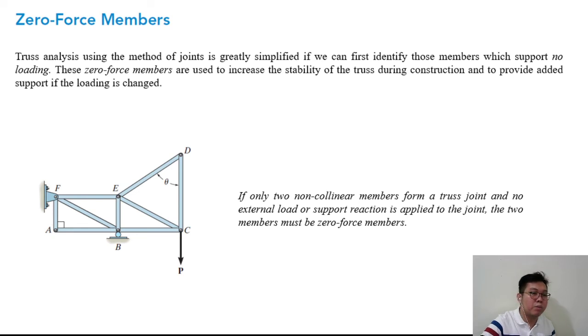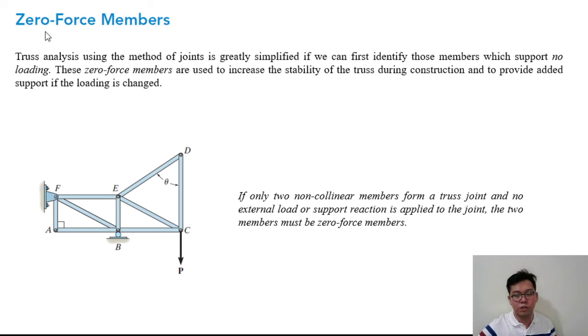Pag zero force member kasi, since zero, walang silbi yan. I mean, hindi naman walang silbi, siguro nandyan yan for stability. And then zero yan, so ibig sabihin, pag nag-consider ka for every joint, you can just neglect that member.